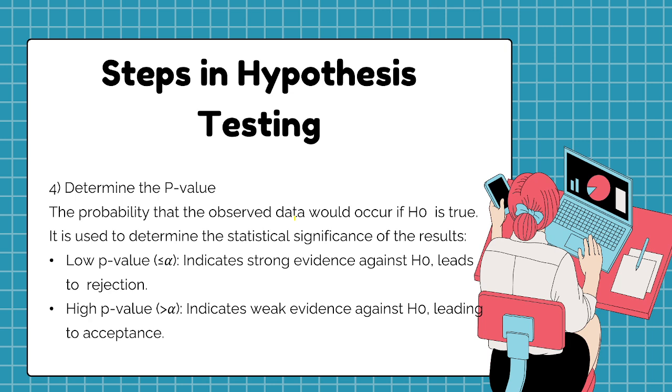A low p-value, less than alpha, means there is strong evidence against the null hypothesis, so this will lead to rejection. For a high p-value, greater than alpha, there is weak evidence against the null hypothesis, so this will lead to acceptance of the null hypothesis.